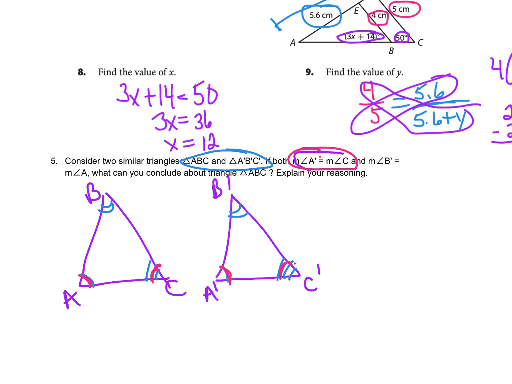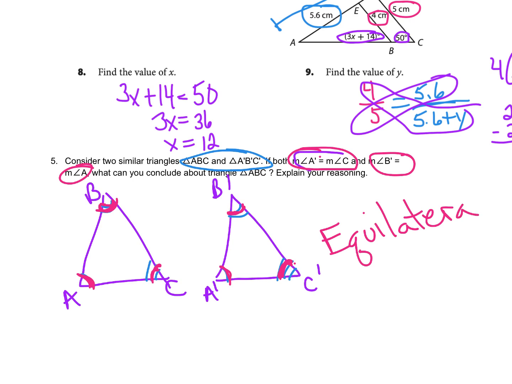And congruent to C. Then it says B prime is congruent to A. Well, that means that this angle is congruent to all of them. So it's an equilateral or equiangular triangle, because all angles are congruent.